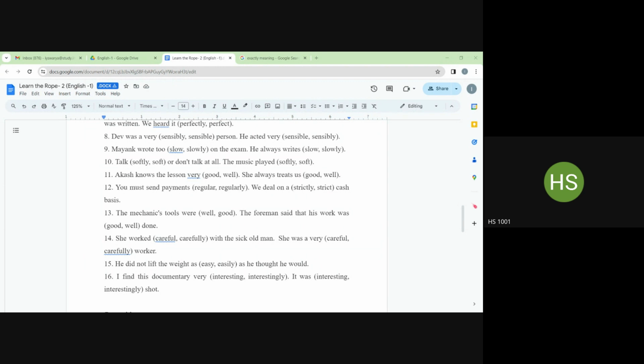Akash knows the lesson very good or well. I think well. Now here in this case, what are good and well? Which one is adjective? Which one is adverb here?